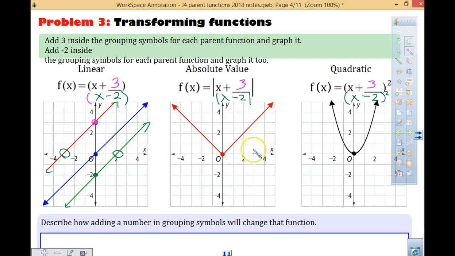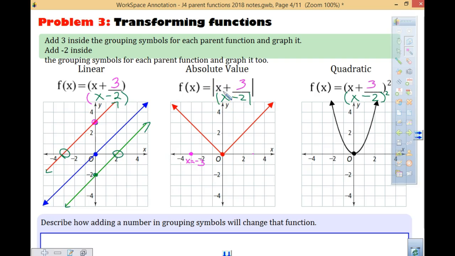If I plug in 3, absolute value of 3 plus 3, does it give me y equals 0? If I plug in 3, it gives me 6, right? So which way should I be going when it's plus 3? If I want it to be on this line, it's going to be left 3. And if I think of plugging in, this is when x equals negative 3.